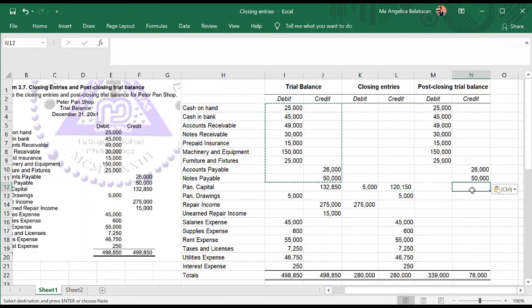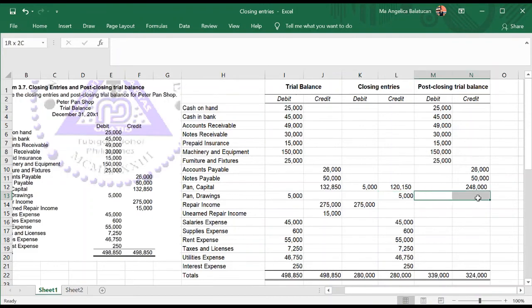The normal balance for capital is credit, so we'll place it here. We'll start with the original balance, then deduct 5,000, and then add the credit, which is the net income, and you will get 248,000.